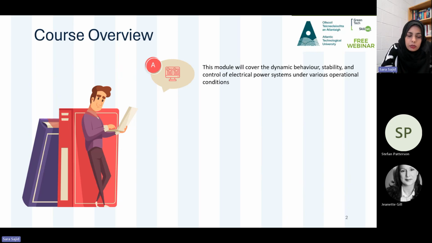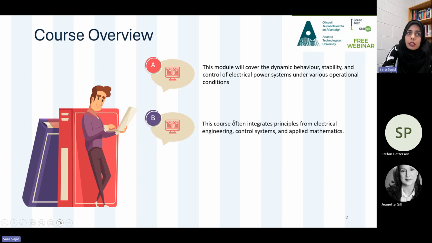The interesting thing about this module is that the content has a flavor of different fields. For example, it has some knowledge about electrical engineering, then control systems, applied mathematics, sustainable energy management.